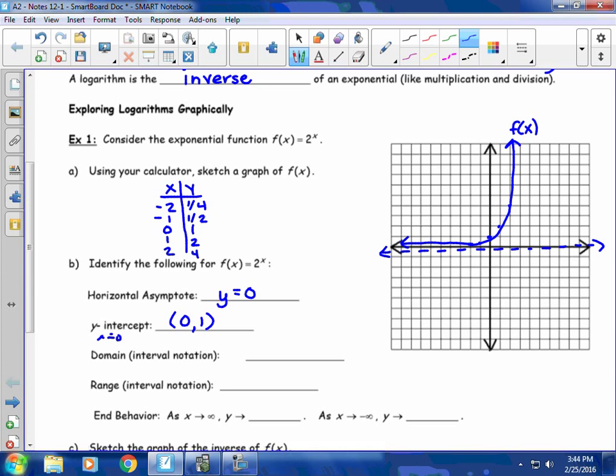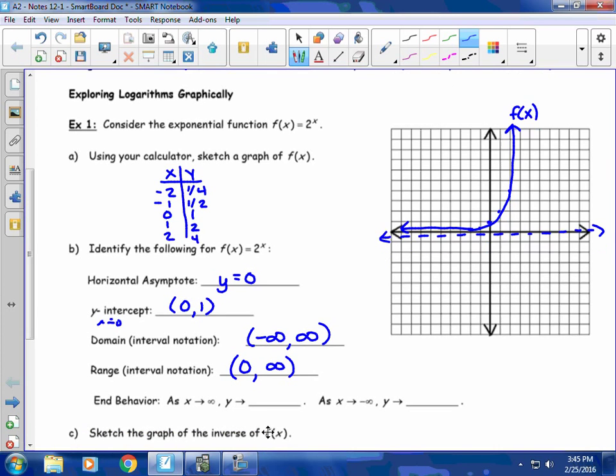Well, it goes left forever, and it goes to the right forever, so we know the domain of exponential functions is always -infinity to infinity. And range, what's the lowest this graph goes? Well, the lowest it goes is right here, down to 0. And what's the highest it goes? The highest it goes up forever, so it goes up to infinity. And like always, we've got an asymptote at 0, so that's in parentheses as well.